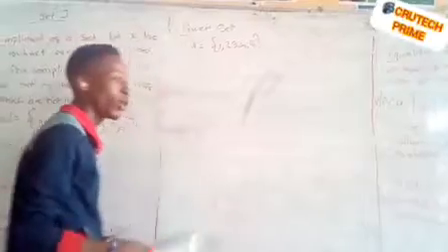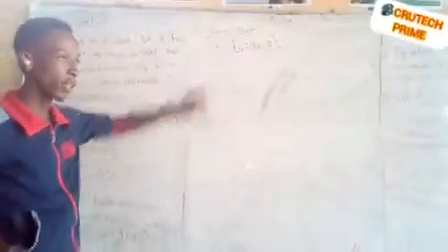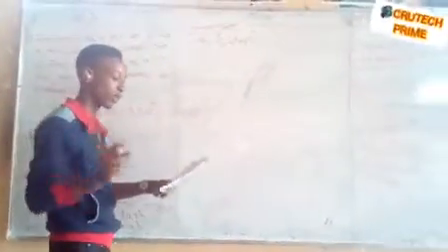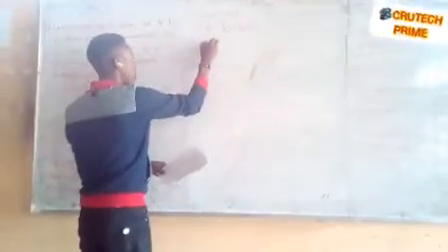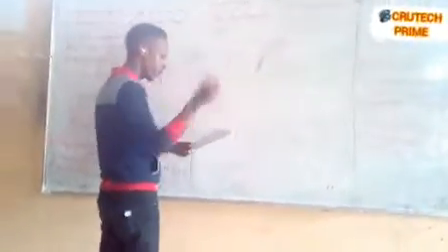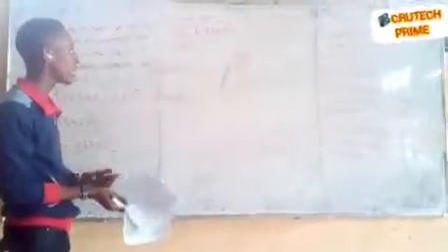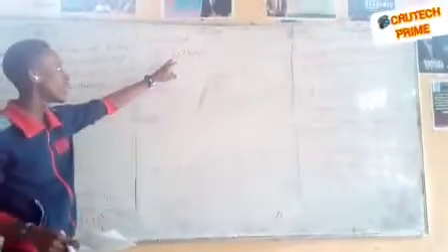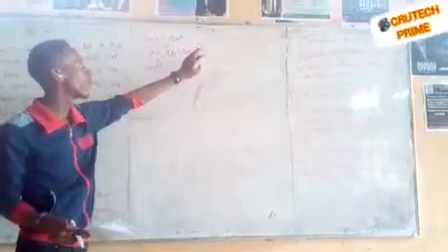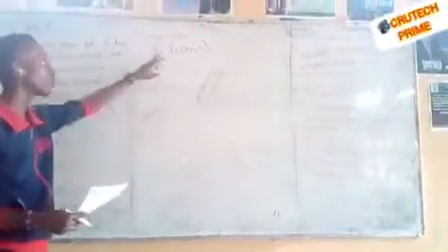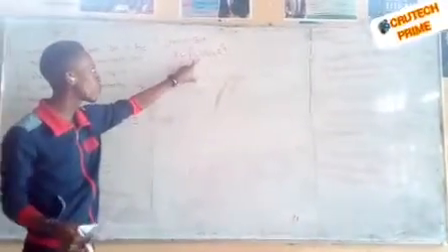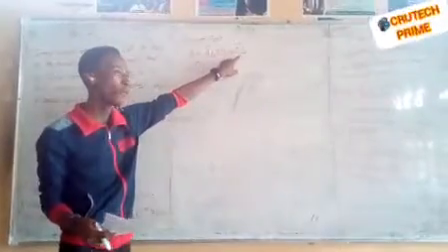We are looking for the power set of A. How do we write it? The power set of A is n bracket A. Let's count how many elements A has: 1, 2, 3, 4, 5.